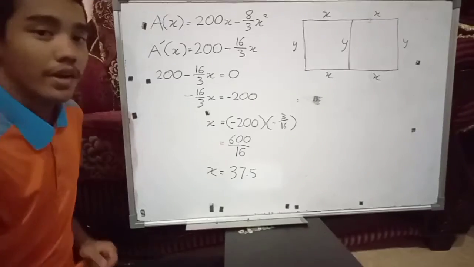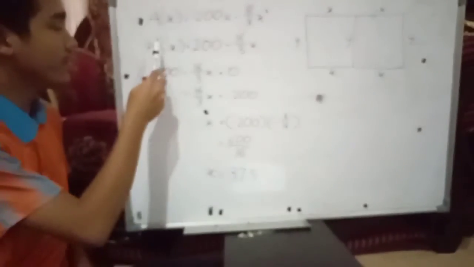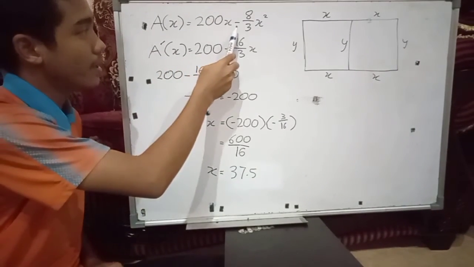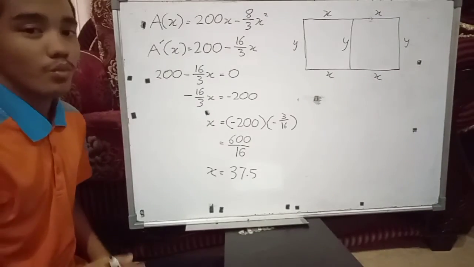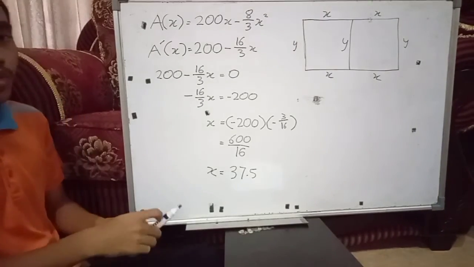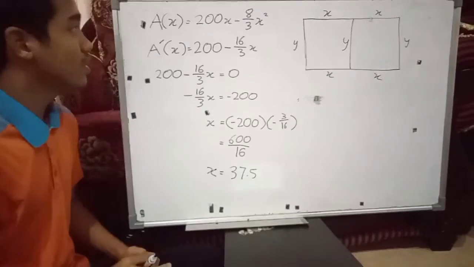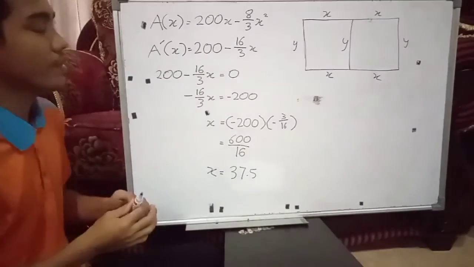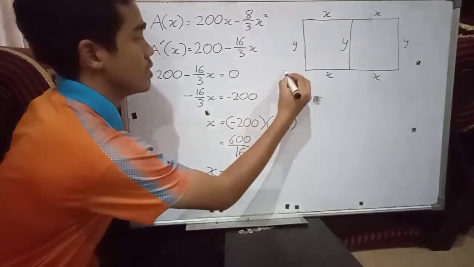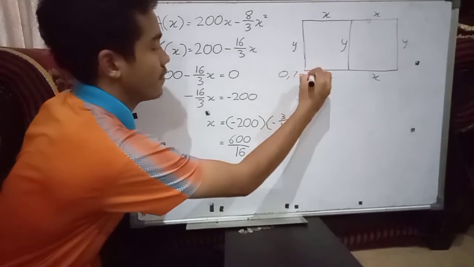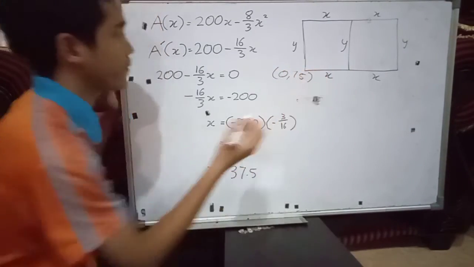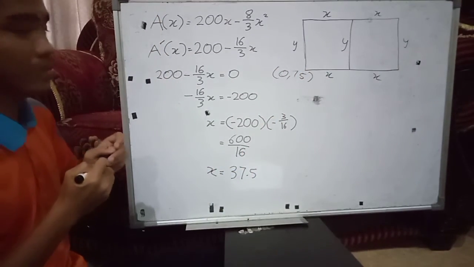Now from the function given, that is 200x minus 8 over 3 x squared, we will calculate the critical numbers of x in the interval 0 to 75.